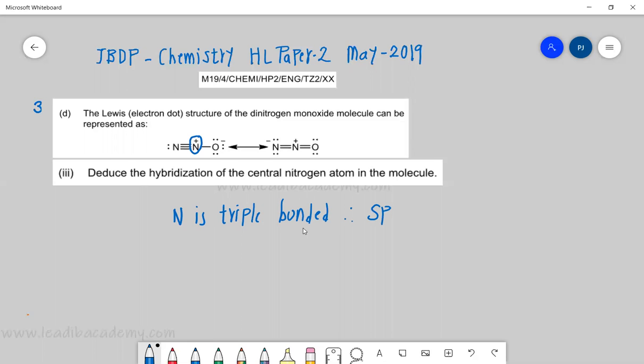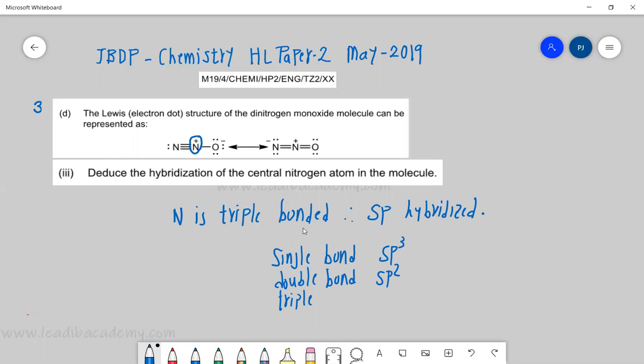Therefore, sp hybridized. If it would have been single bonded, okay, always remember this: single bond, sp3; one single, one double bond, sp2; and triple bond, sp. Okay, quite simple.